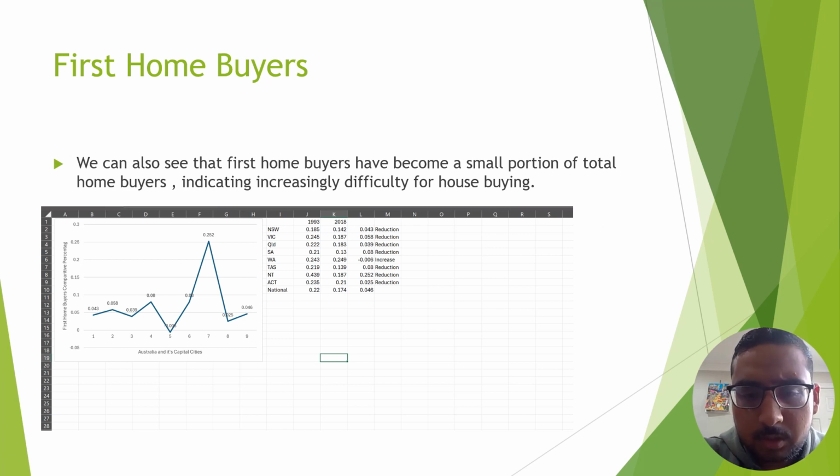Especially, we can see a small increase in Western Australia in the last 25 years, which is not that much, but at the national level there has been around a 4.6% decrease in the first home buyer rates. Again, this is a comparative scatter plot, and there is a line graph which has data labels on it, which shows the high data ink ratio model being applied to visualize this data.